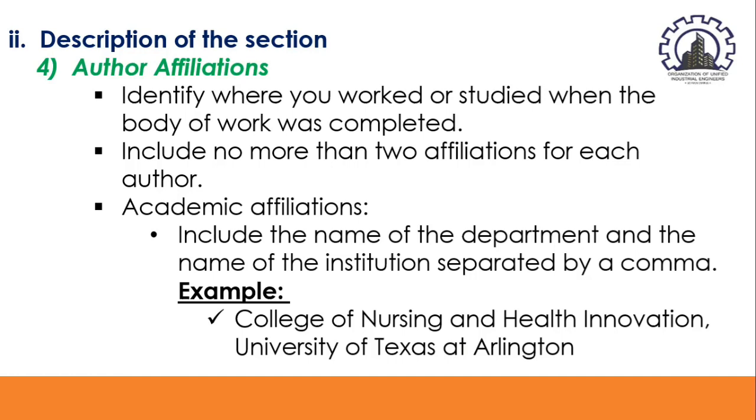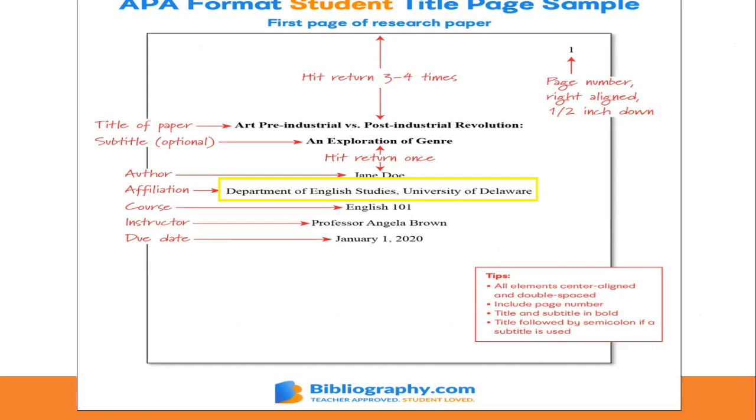So in this case, for example, you have there College of Nursing and Health Innovation, University of Texas at Arlington. Or maybe you could also have College of Engineering, University of the Philippines. So you can actually do that. As you can see in our example, that is an example of an affiliation, boxed in yellow.